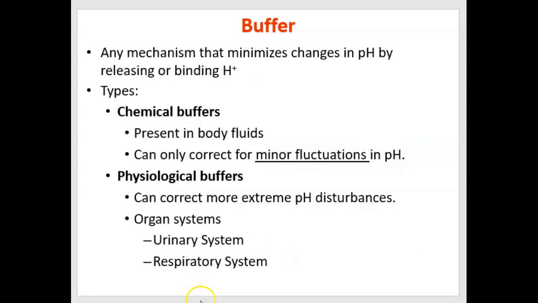So one of your study questions asks to state whether or not each buffer can correct a pH that has become completely abnormal, like beyond 8 or below 6. And that would be only physiological buffers. They can do much more. But of course the chemical buffers would act first, and then the organ systems would kick in.